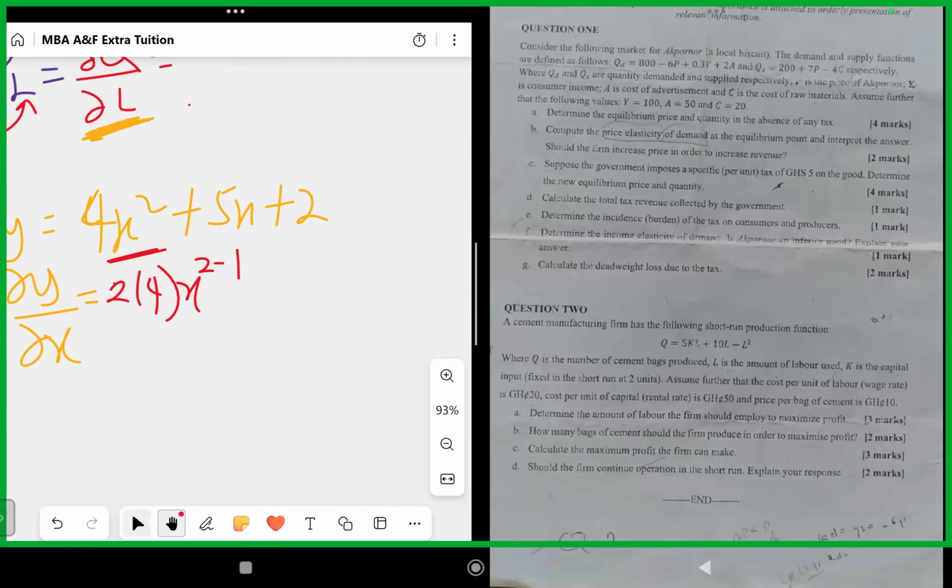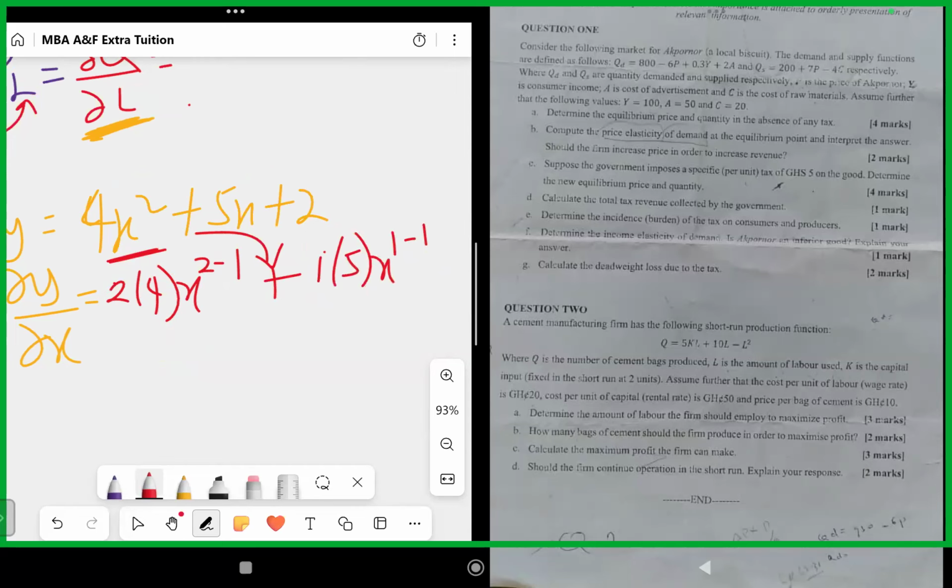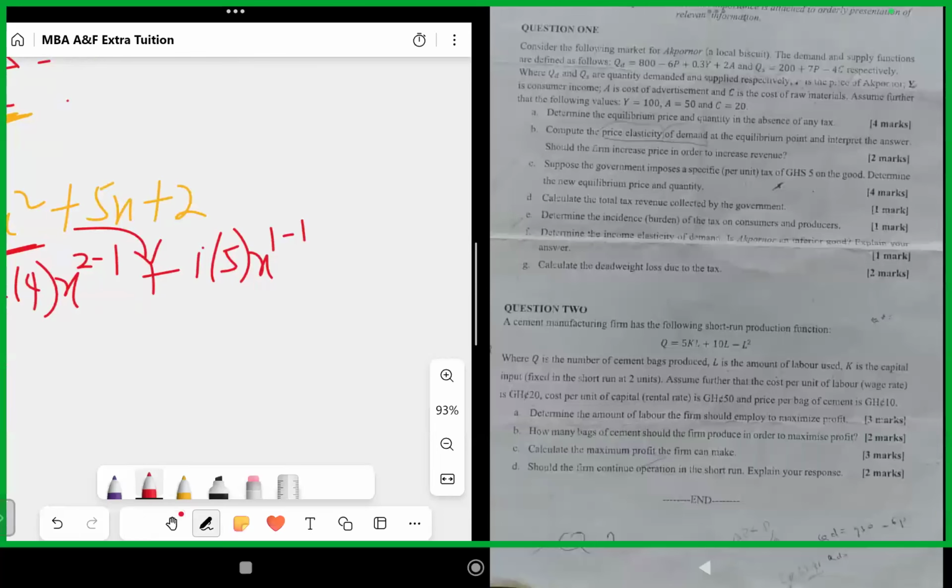That means I've differentiated it, followed by the plus. Then the 5: the x has an exponent of 1, right? So 1 times 5. I'll show a shortcut quickly. This is not the main thing, because I just want to explain the concept. Then plus 2. Whenever it's a constant, when we differentiate it, we get 0.